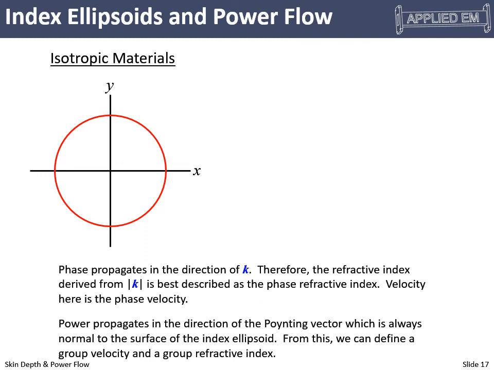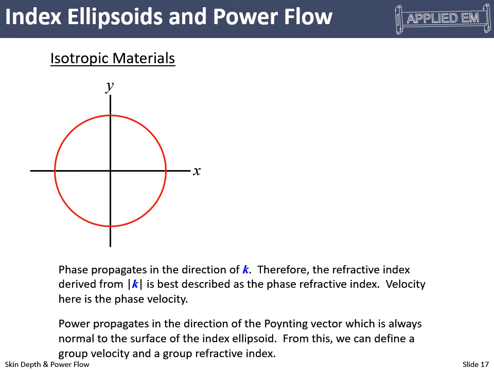The last thing I want to discuss here is power flow versus the flow of phase. And this is something kind of different, but yet interesting. So this circle I'm showing here is really the cross-section of an index ellipsoid. So it is a map of refractive index as a function of direction in whatever this material is. And since it's isotropic, every direction the wave would propagate, it will see the same refractive index, so we get a circle or a sphere.